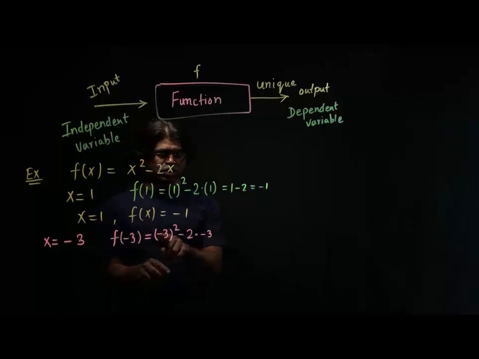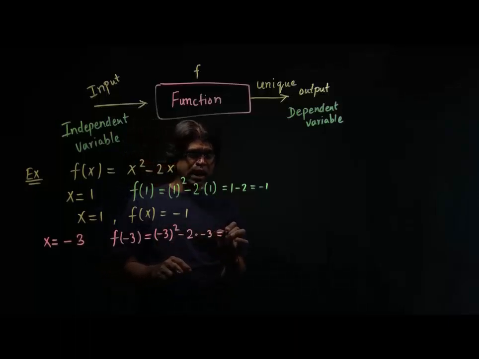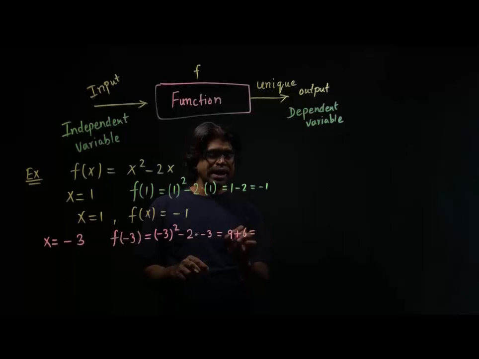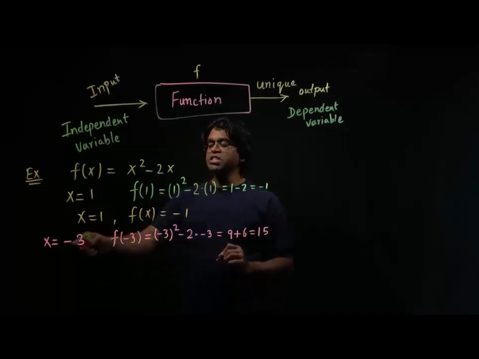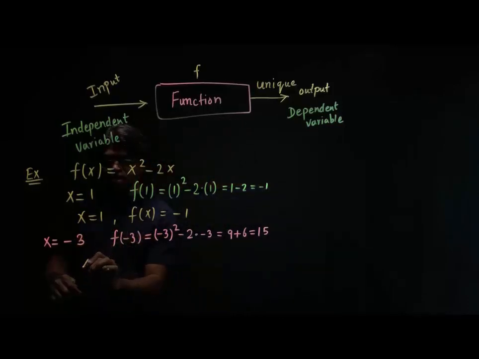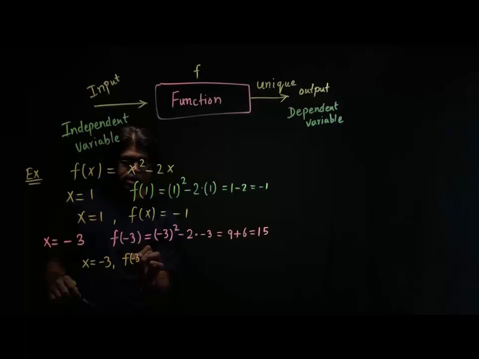So negative 3 squared is basically what? 9. And then negative times negative is positive. So 2 times 3 is positive 6. Which gives me what? 9 plus 6 is 15. So for x is equal to negative 3, let's write it down. For x is equal to negative 3, the value of f of negative 3 is basically what?